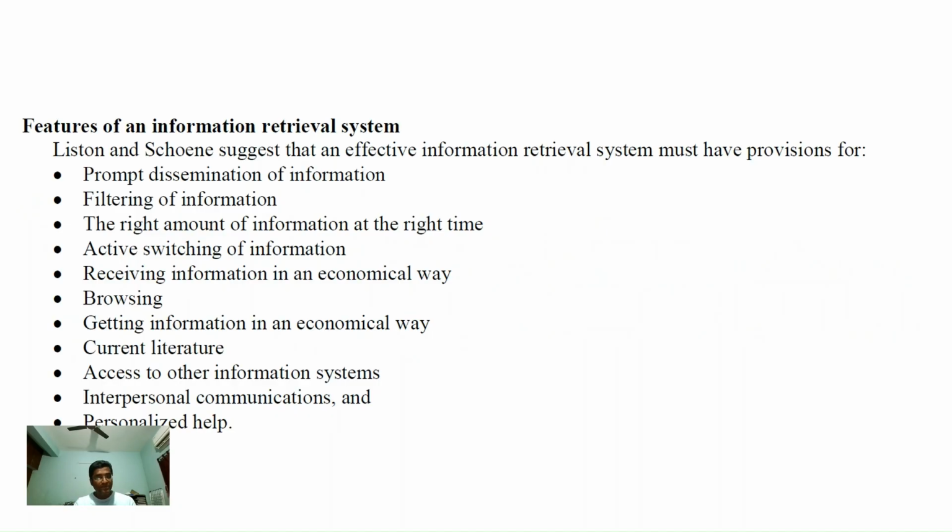It also focuses on current literature and access to other information systems, interconnected access, interpersonal communications, and personalized help. So all this forms the features of an information retrieval system.